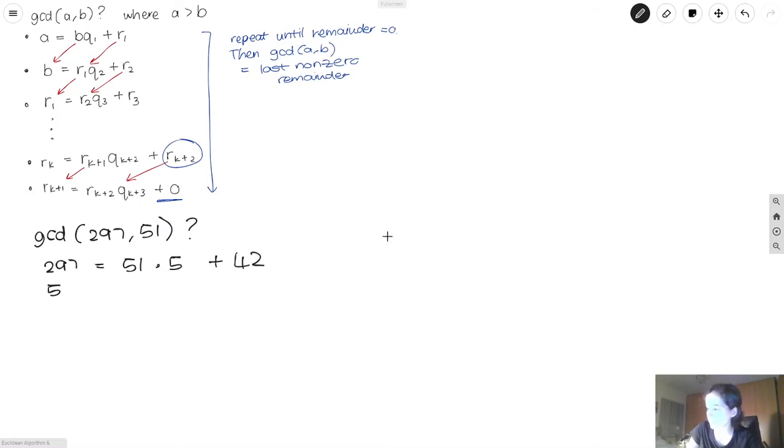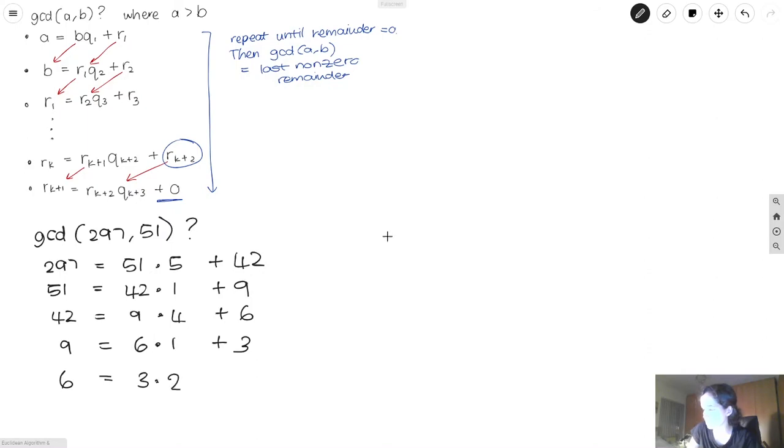Then 51 is equal to 42 times 1 plus 9. Then again, 42 is equal to 9 times 4 plus 6. Then again, 9 is equal to 6 times 1 plus 3. 6 is equal to 3 times 2 plus 0.